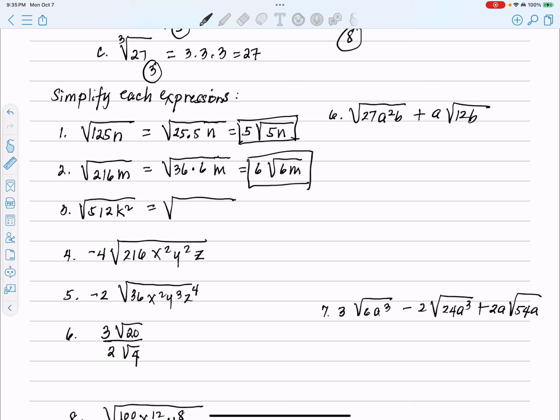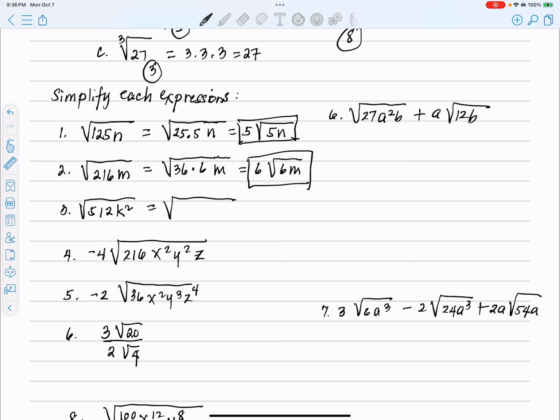Let me see, I'm getting my calculator here. How much would 512 divided by 2 be? I'll have 256. Okay, sorry for the delay.